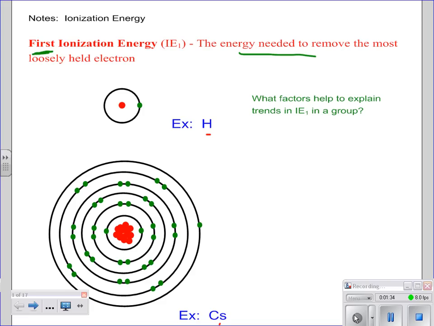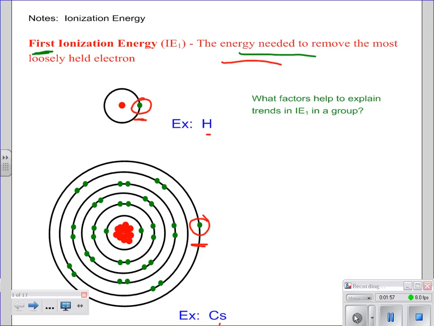So we've got our alkali metals, and regardless of which one we're looking at, because it's an alkali metal, there's only one valence electron. But which one of these do you think would take more energy to knock off an electron? Is it going to take more energy to grab one from helium or from cesium?